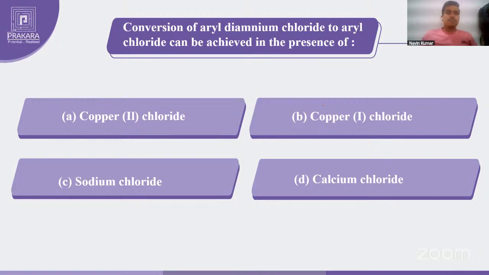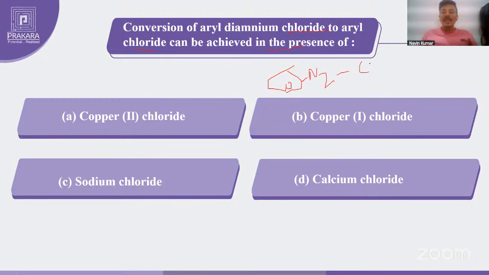The question is very simple: the conversion of aryl diazonium chloride to aryl chloride can be achieved in the presence of what? The question is talking about a molecule in diazonium cases, like N2Cl type cases.